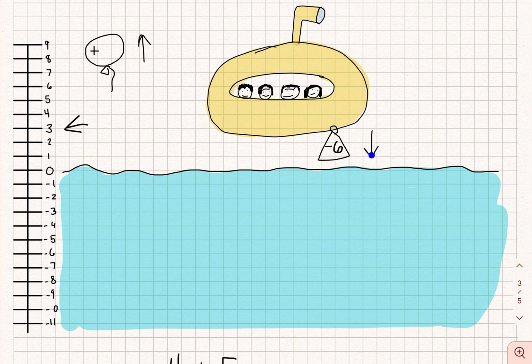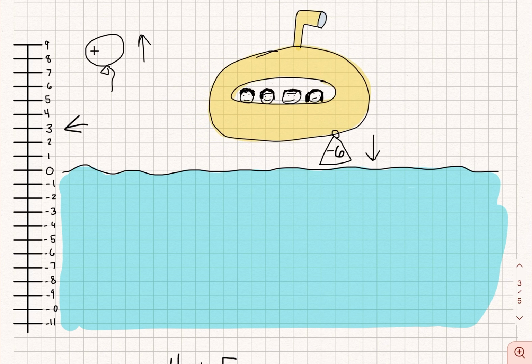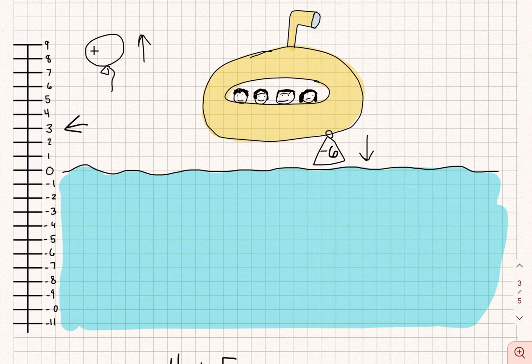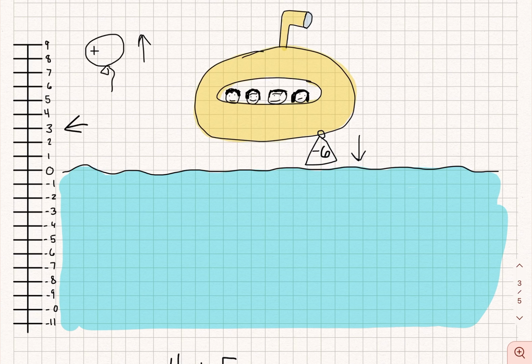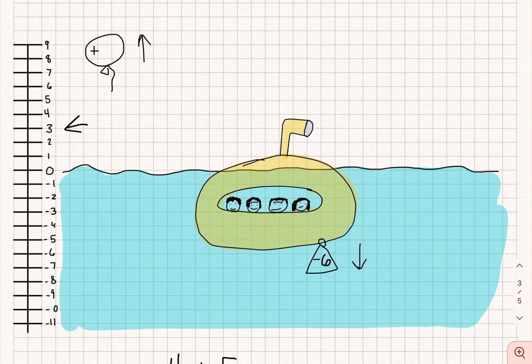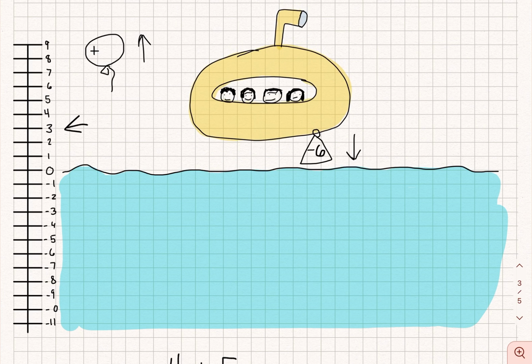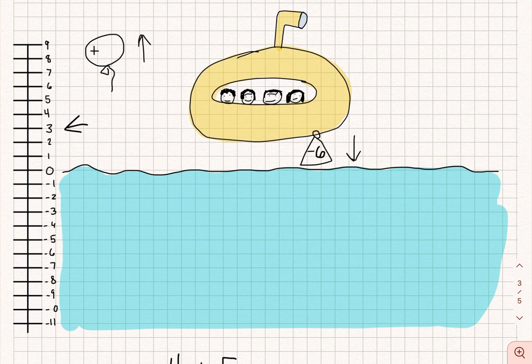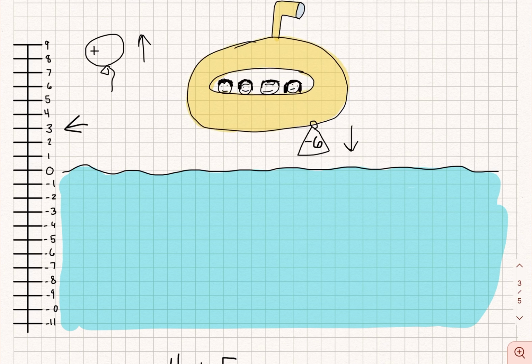And so I've added 6 weights. That's -6. Now weights make us drop down. So even though I've added, I'm going to go down. I know it's a little funny at first, but when you think about adding weights, it makes sense that it would make us drop. We're used to adding things and having them get bigger, but that's only true if, in this case, you're adding balloons, it goes up.